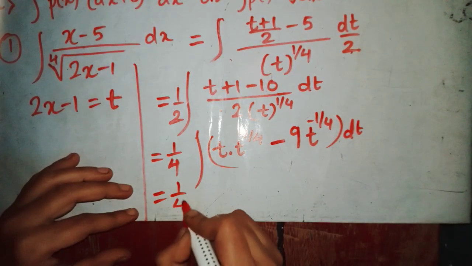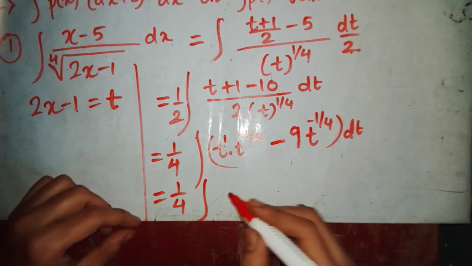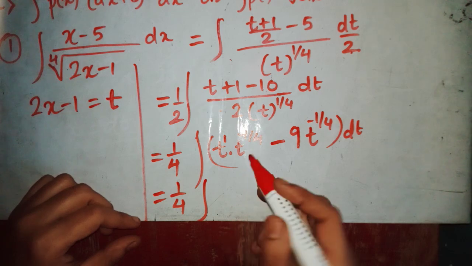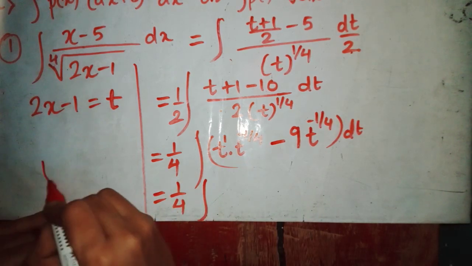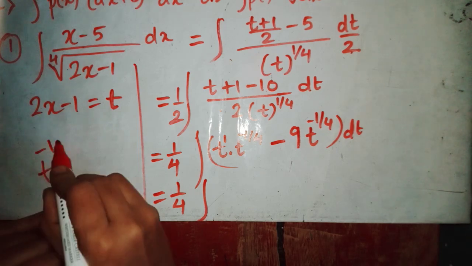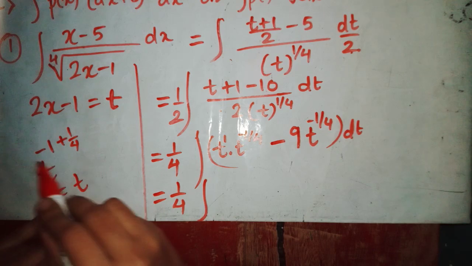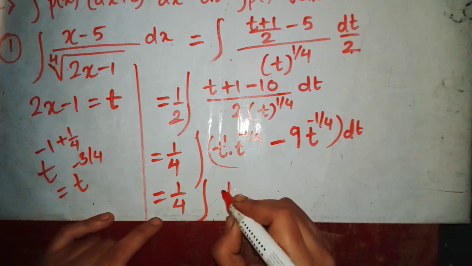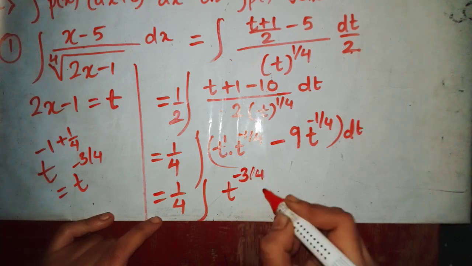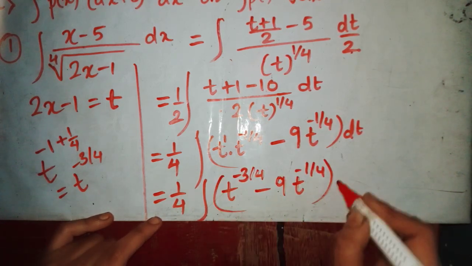Use laws of exponents. T raised to 1 into t raised to minus 1 by 4 is t raised to 1 minus 1 by 4, so t raised to 3 by 4. So t raised to 3 by 4 minus 9 t raised to minus 1 by 4, dt.